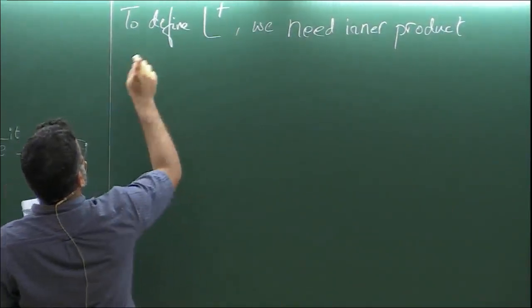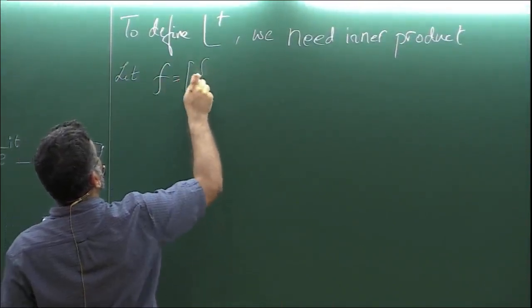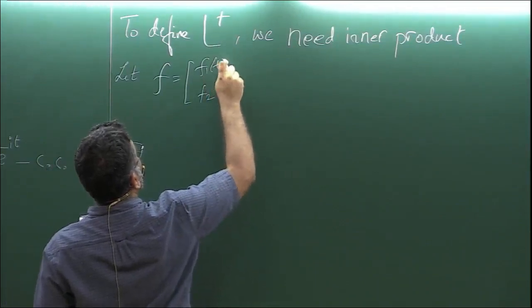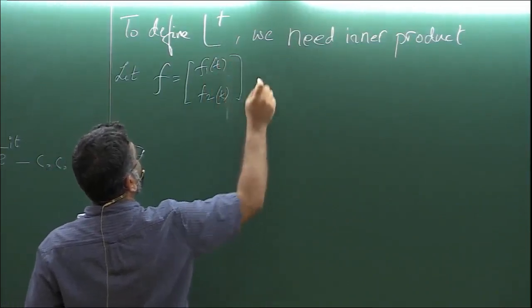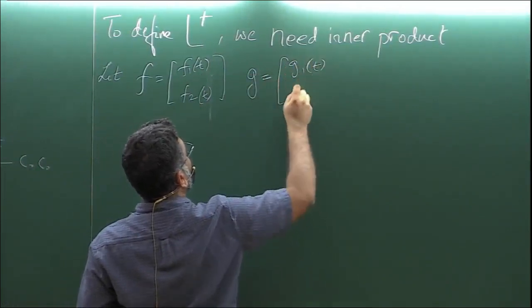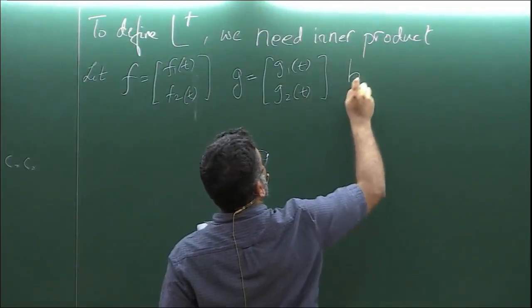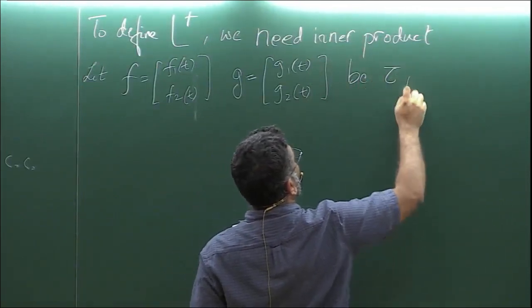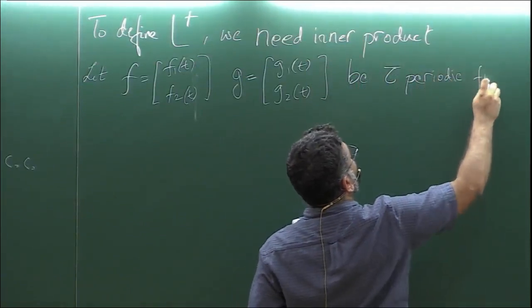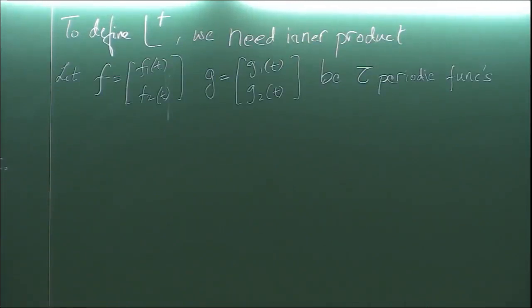So let F be some vector F1, F2, let's say these are functions of time, and G be another vector, let's say, tau periodic functions.